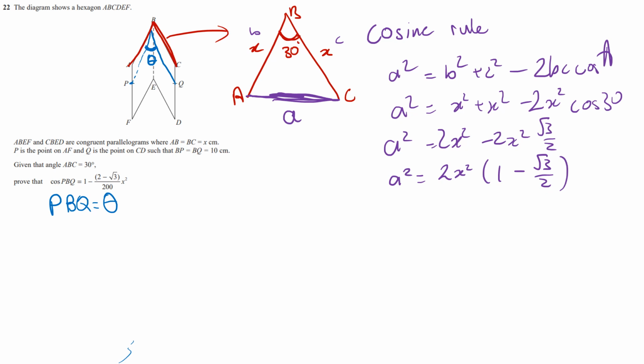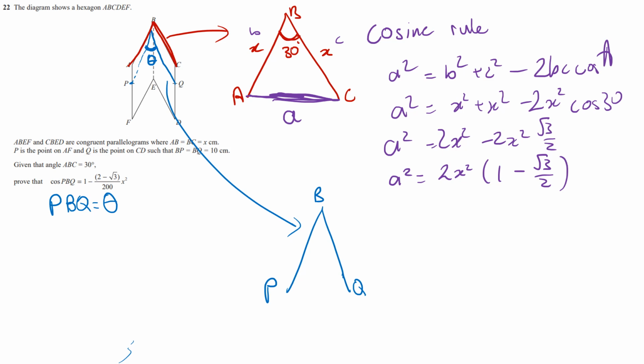Right, what I'm going to move on to now is looking at this blue triangle I started to draw. So let's draw out the blue triangle, which goes from P to B to Q. We're told in the question that BP is equal to BQ, which is 10 centimeters.